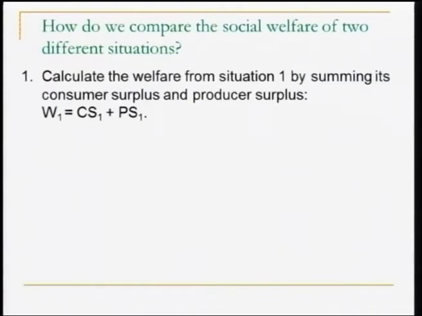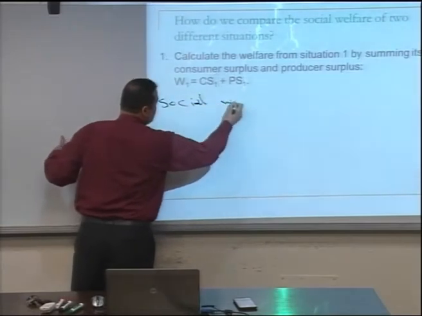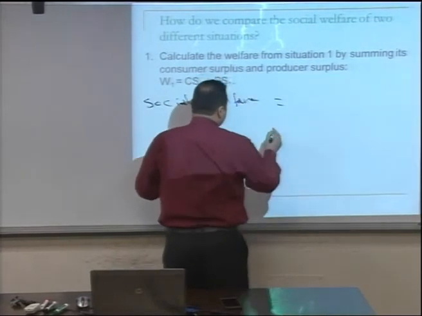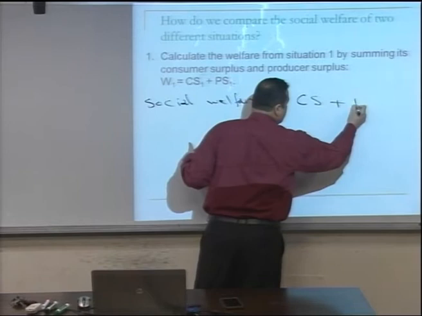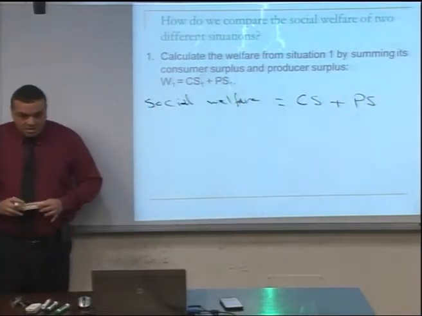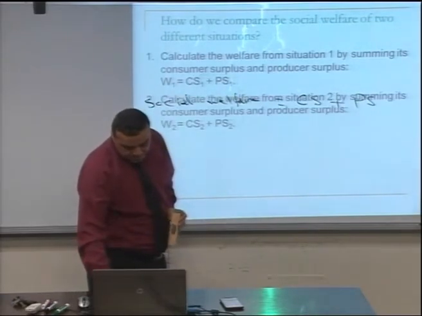The social surplus or social welfare is the summation of consumer surplus plus producer surplus. The consumer surplus plus the producer surplus.